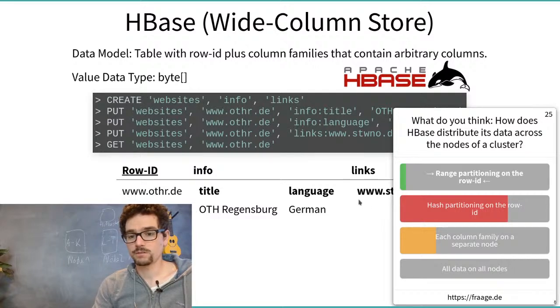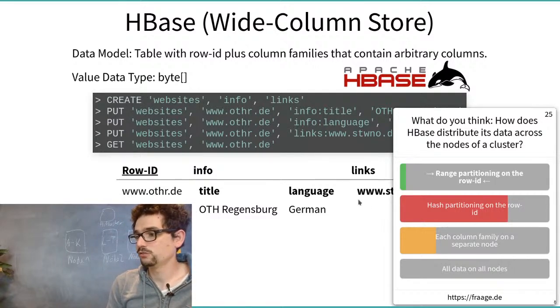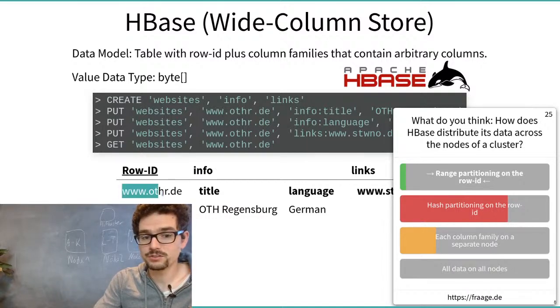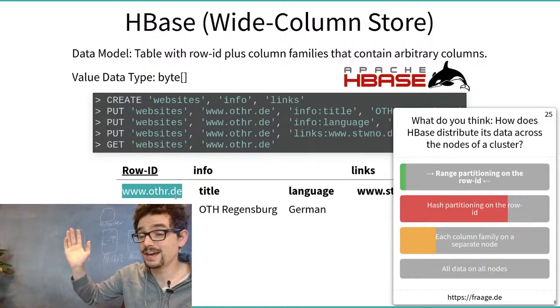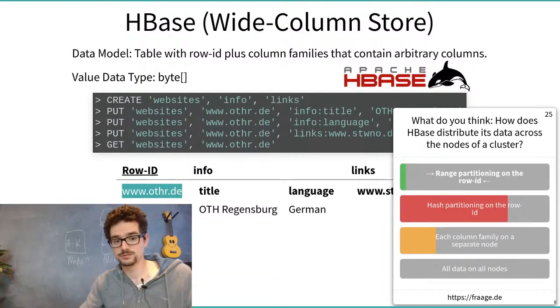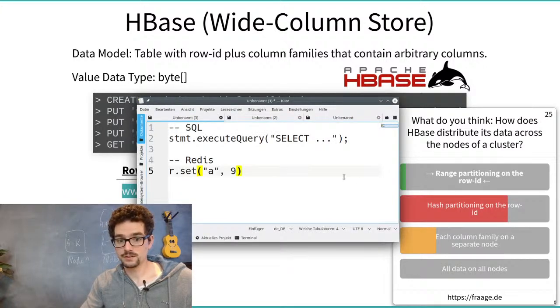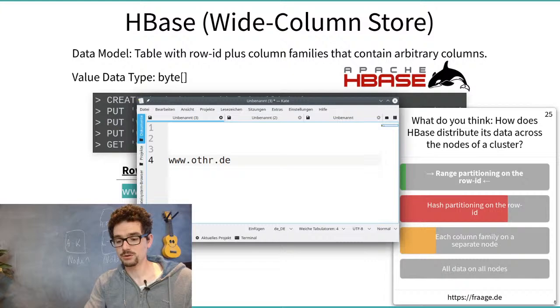But range partitioning now has the benefit that we can also search for prefixes, or ranges. So give me all websites that start with othr.de/ and then something. Hash partitioning would only allow you something like this: row ID equals that one.